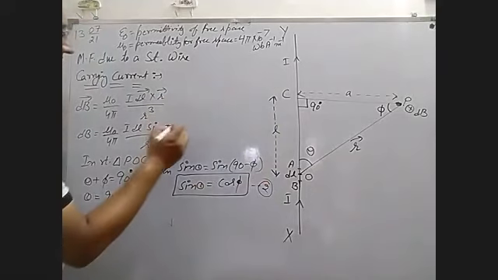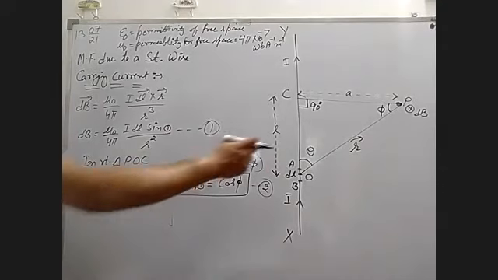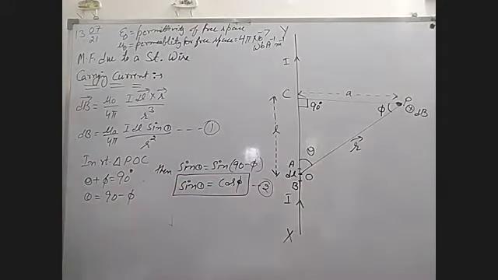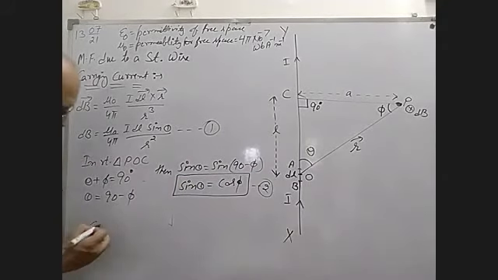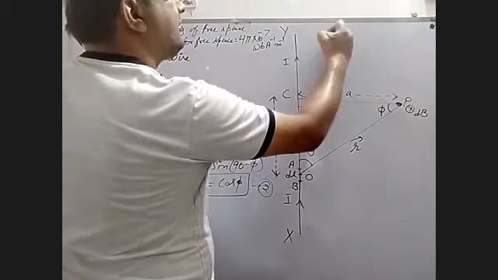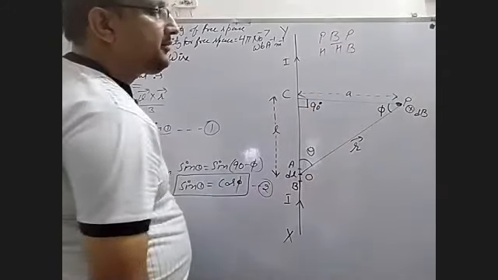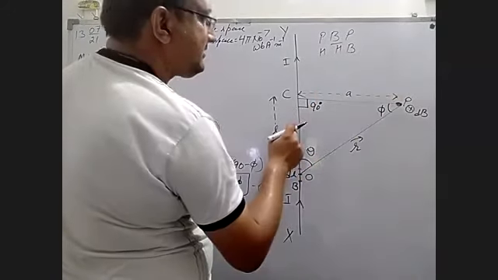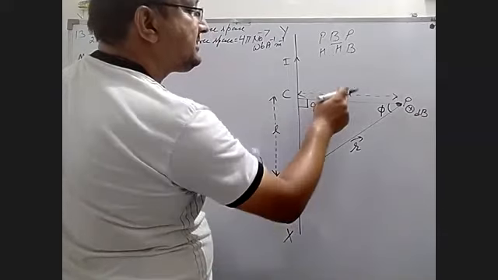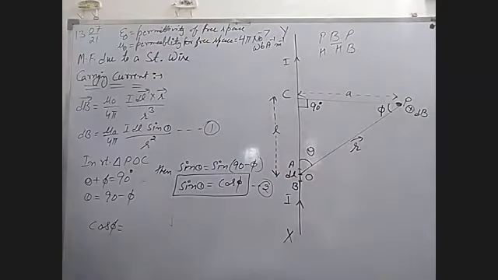This is equation number 1. Number 2: cos phi. In this right angle triangle, cos phi is base upon hypotenuse, that is, a upon r.